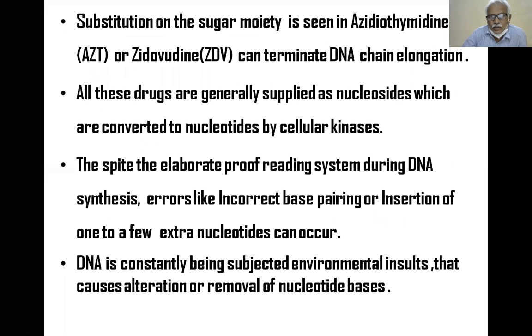Zidovudine, you know pretty well, you can come across this in the treatment of AIDS, zidovudine, and others. Substitution of the sugar moiety is seen in AZT or zidovudine, and this can terminate the DNA chain elongation.